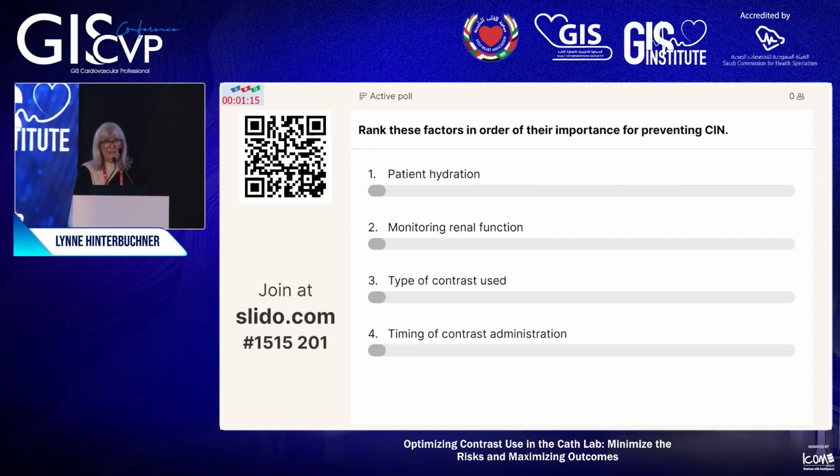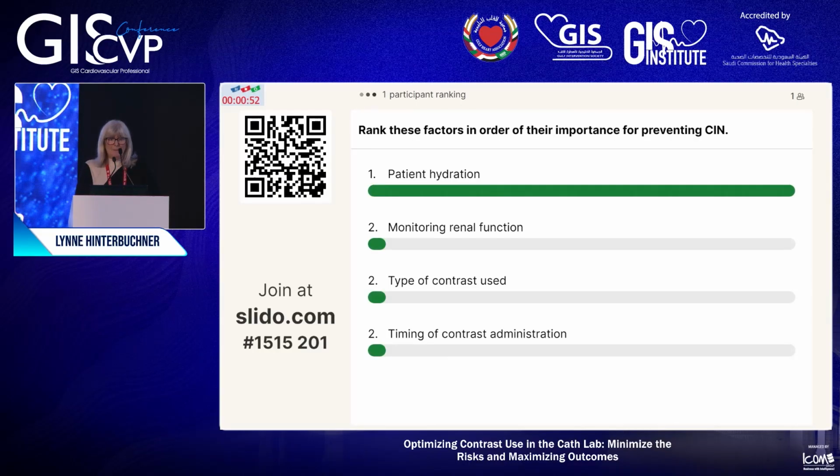A quick one, take your phones again, to see if we've got any information that's retained in our brain cells even after lunch. Rank the factors in order of the importance of preventing injury to the kidneys. Is it hydration, monitoring the renal function, type of contrast, or the timing of contrast administration? I can give you a hint. Oh, very good.